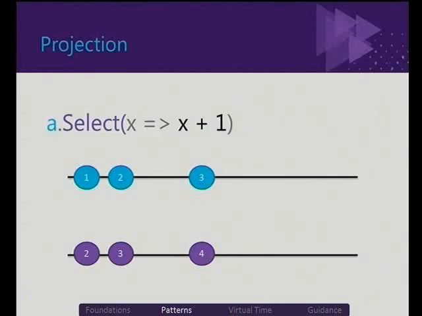So we're starting off here. Time's ticking away, time's ticking away, time's ticking away. An event fires off A. The select operator works on it, adds 1 to the number, and then fires out a 2. Time ticks away a bit more. Another event fires on A. Select operator takes it, adds something to it, fires it out. Time ticks away.